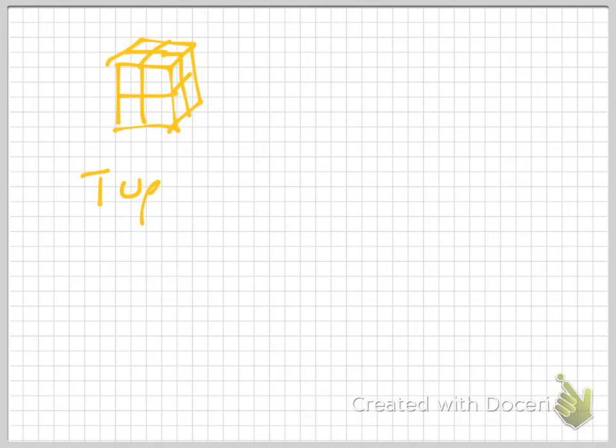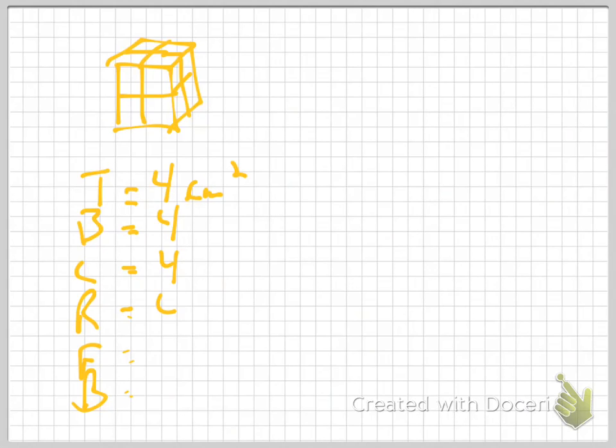So we have top, well, I'll just go like this. Top, bottom, left, right, front, back. How much is the surface area of each one? 4 squared centimeters. So 4, 4, 4, 4, 4, 4. What's 4 times 6? How many of you got 24 squared centimeters?